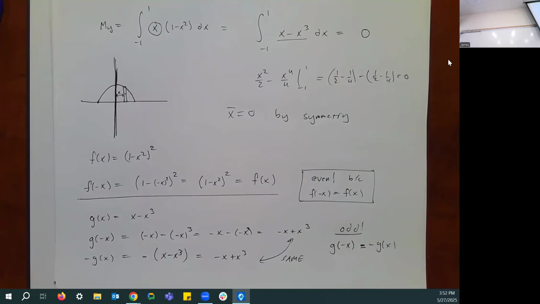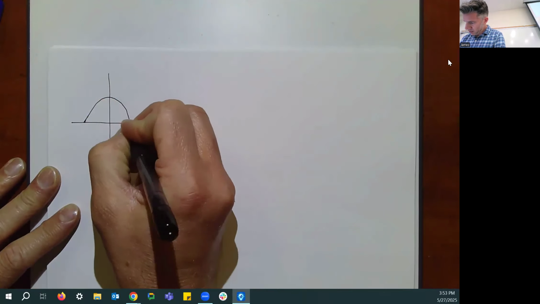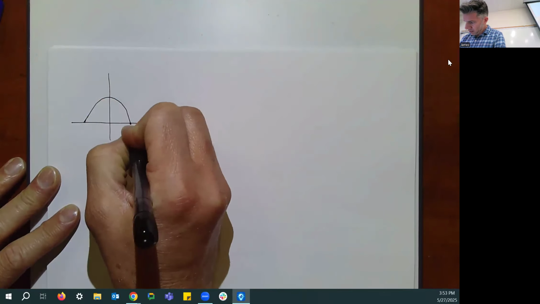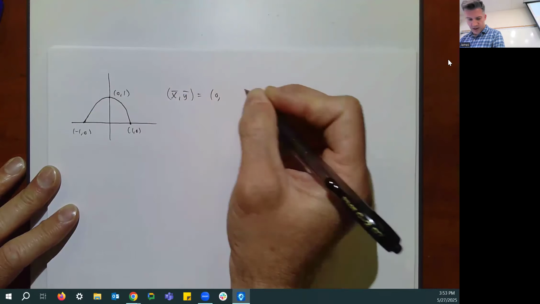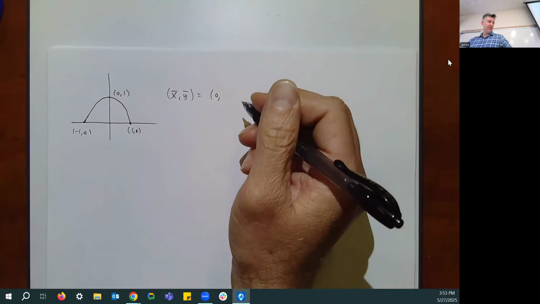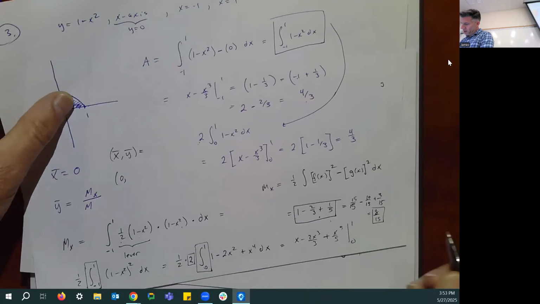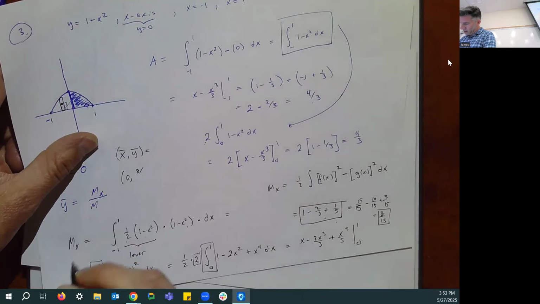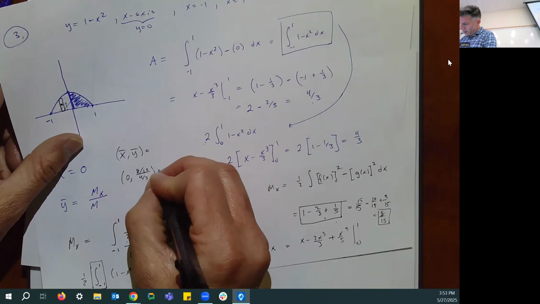So, reminder, we just found that for this region, the center of mass was 0, comma, I forgot what the other one was. I didn't even write it over here. It was 8/15 divided by 4/3, which is 2/5.